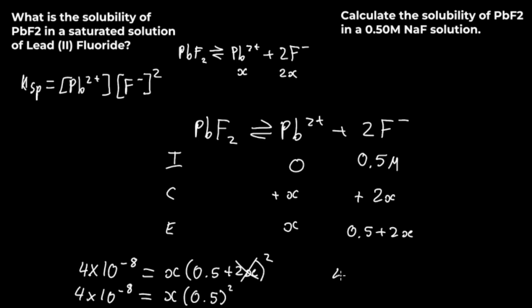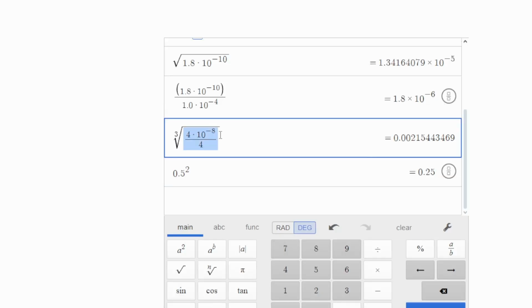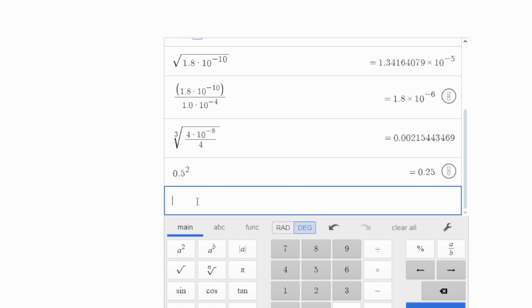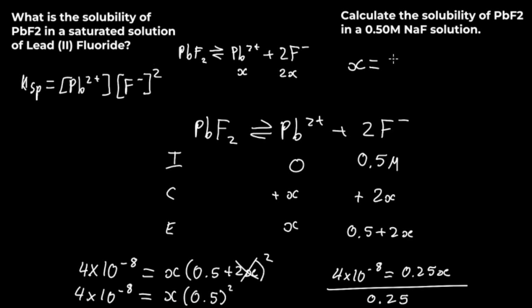So this will be 4 times 10 to the negative 8 equals 0.25x. Then we can just divide the whole thing by 0.25. That gives us x equals 4 times 10 to the negative 8 divided by 0.25. So that gives us 1.6 times 10 to the negative 7th.